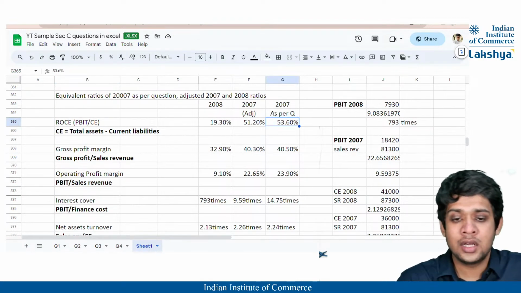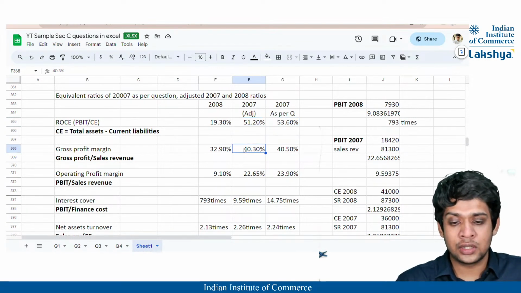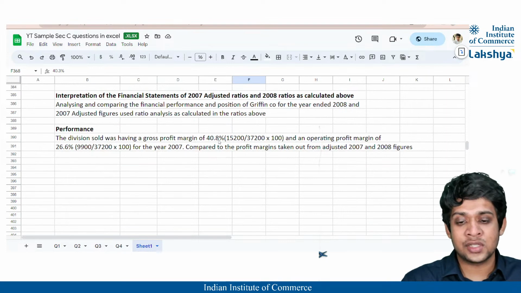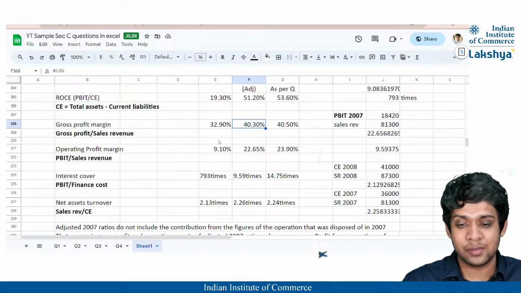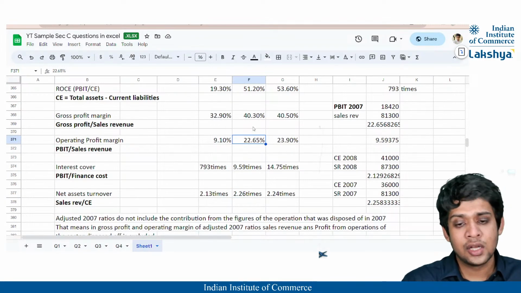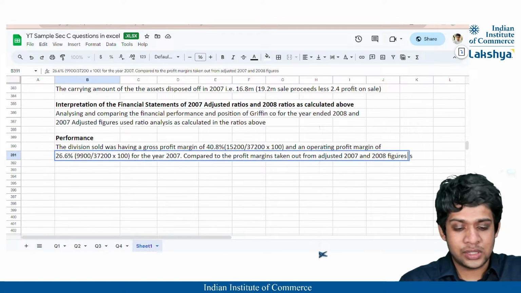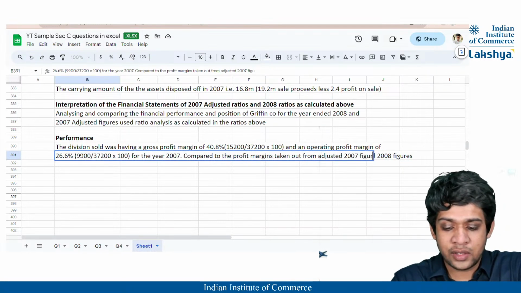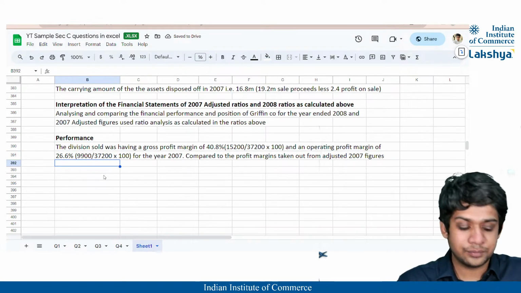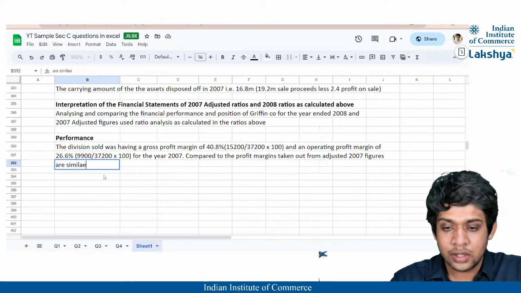Firstly, see, gross profit margin is 40.3%. And also of the company which is disposed of, it is 40.8%. So it is very much similar, right? Then also, the operating profit is 22.65%, so here also it is 22.65%. I will not compare it with 2008 figures. Adjusted 2007 figures are very much similar, correct? So you can see they are similar.